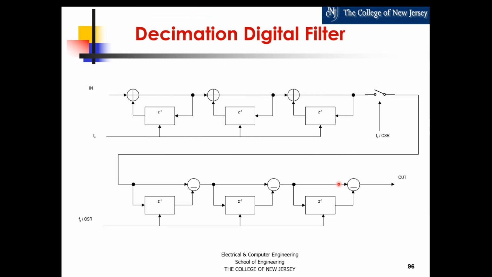Now let's look at the actual block diagram of the decimation digital filter. All of this block diagram is digital hardware. So we have a clock, which is the sampling frequency at which we are sampling the analog signal that we're going to convert. That's the rate that these registers operate at.